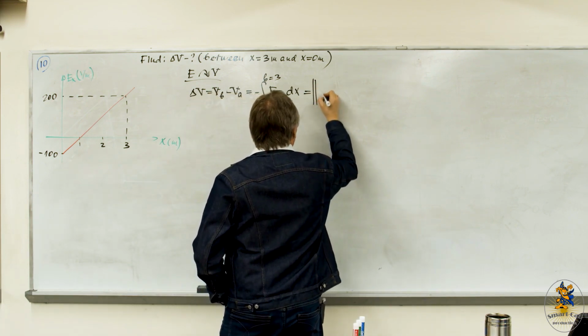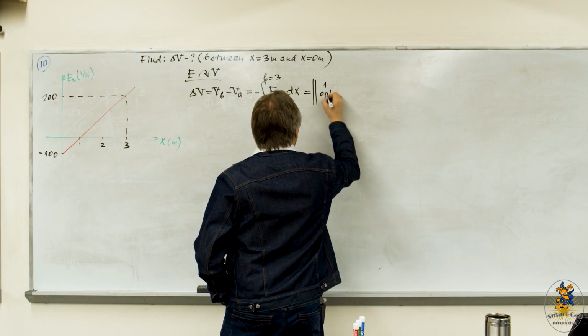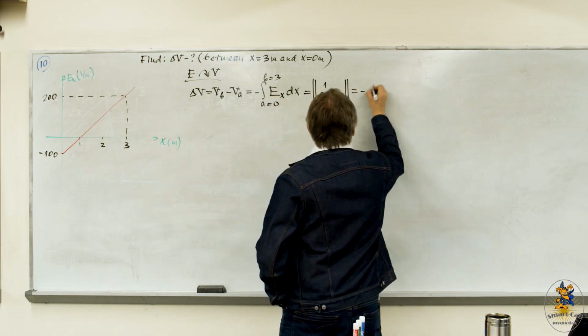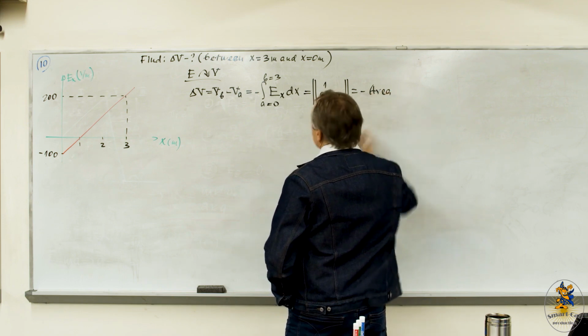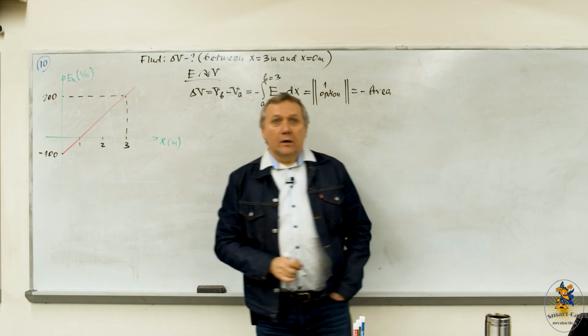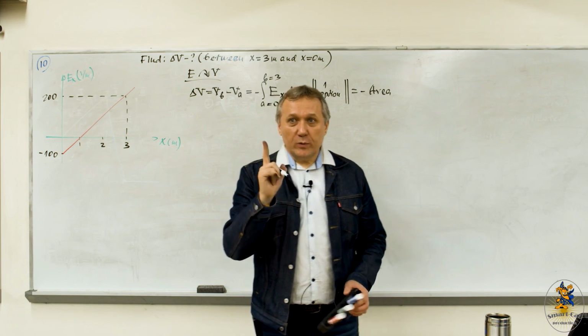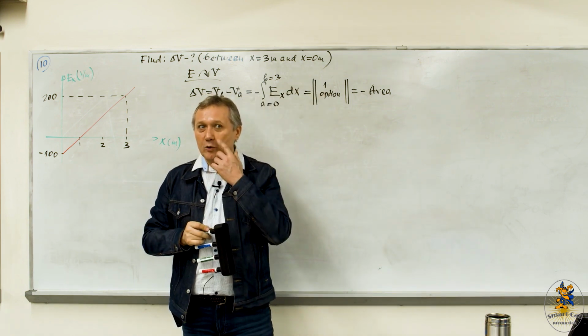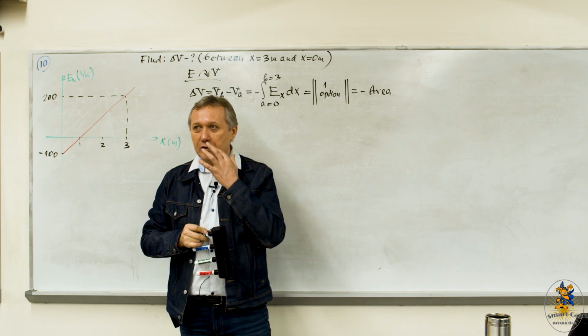OK, let me write. It's the first method. So it's minus the area under the curve, the area between the curve, the line, and the x-axis, because sometimes I saw some strange areas students try to calculate.